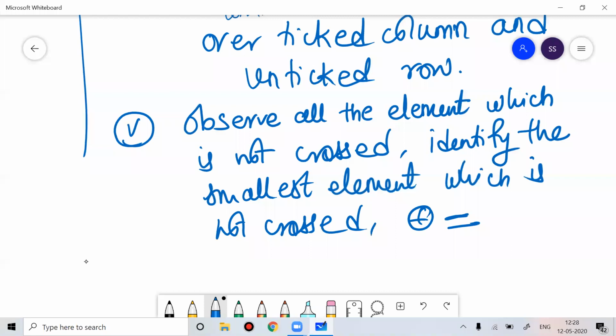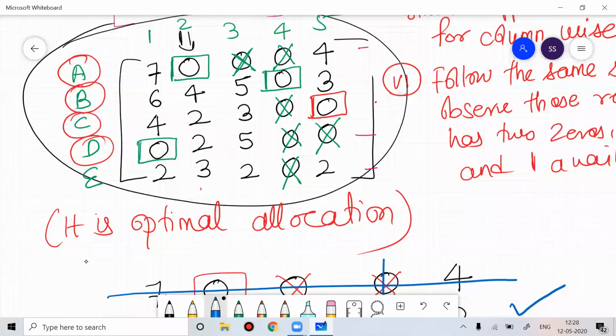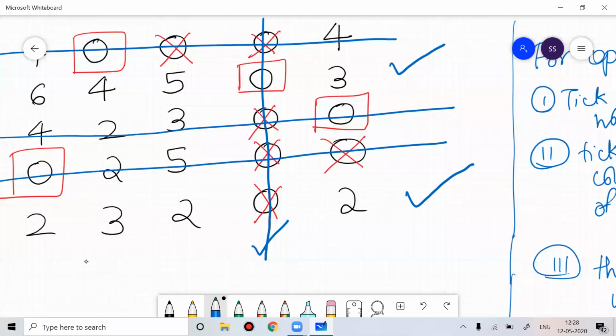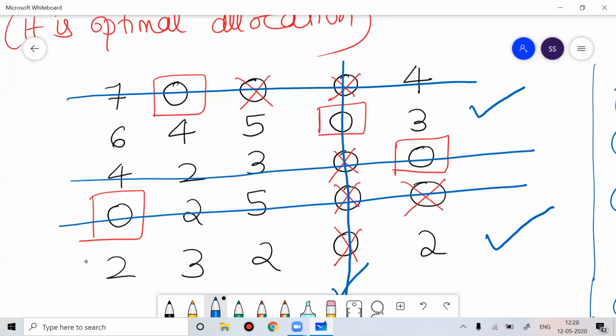Now see the elements which are not crossed.